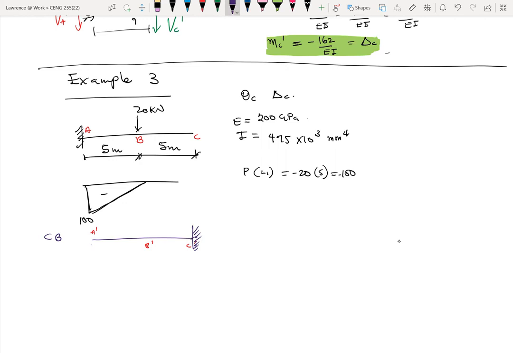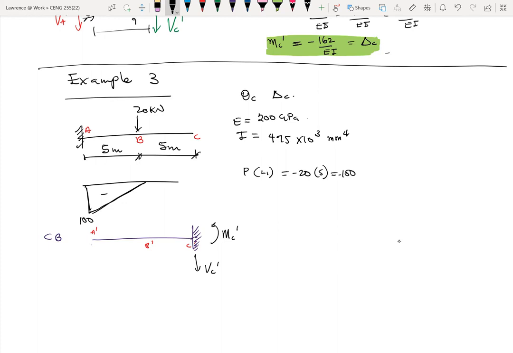All right. But I don't want you to assume that it is just merely flipping the beam to get the same thing as in the conjugate beam. It's not merely flipping it. It just follows a set of principles that we have already stated last week. So here means that I can find my VC prime and then find my MC prime.